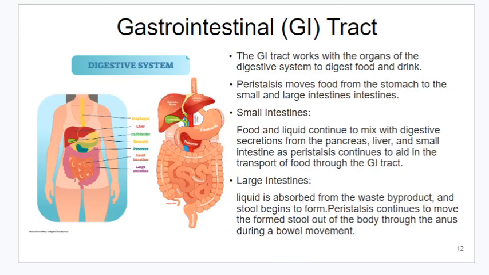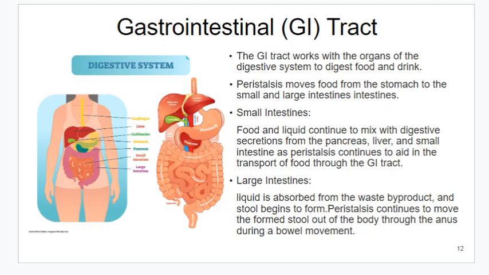All right, we are going to switch gears here and talk about our gastric system with the concept of elimination. Obviously, a quick review. The GI tract works with our gastric organs of the digestive system to digest our food and drink. Peristalsis is that muscle movement that helps move our food from the stomach through our intestines in order for us to expel it.